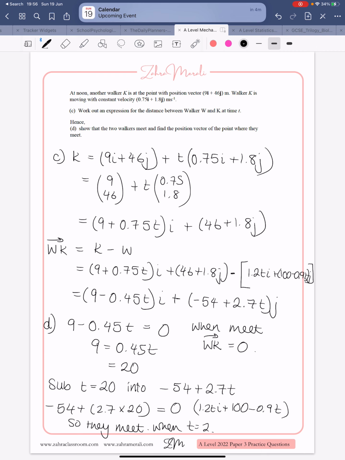And I'm going to sub in t as 20. So I'm going to end up with 24i plus 82j. So that is my position vector of where they meet.